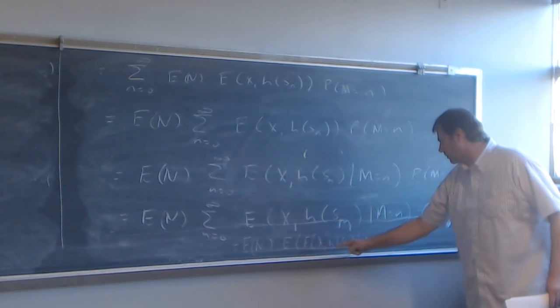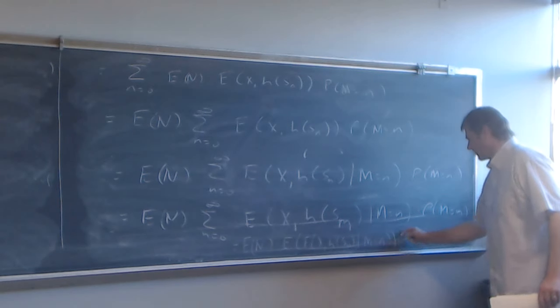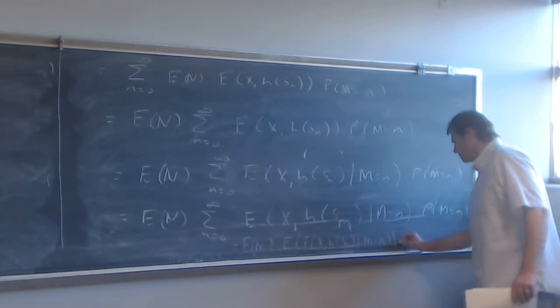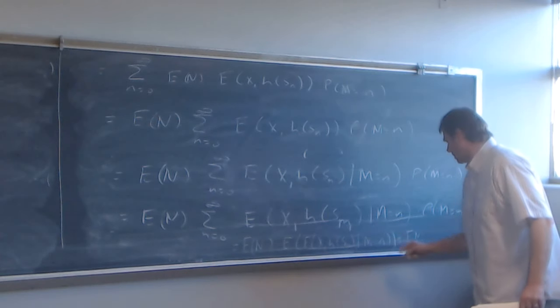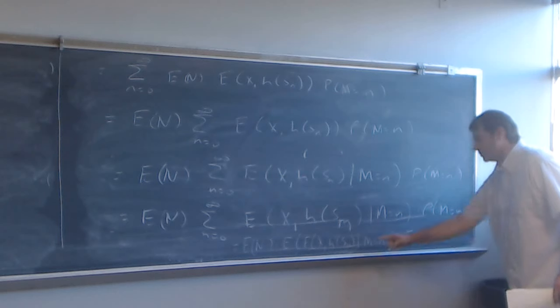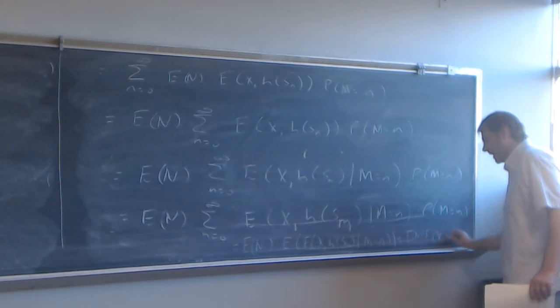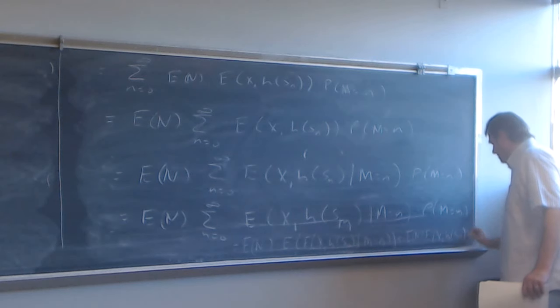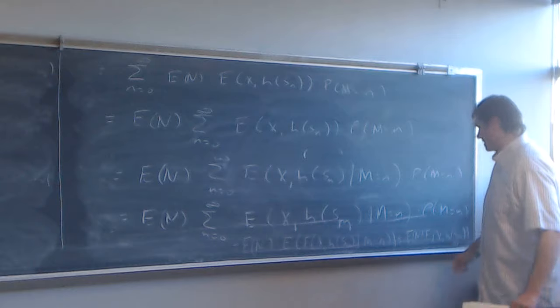So the expected value of the conditional expected value would be nothing more, so I think I can finish it right here. Then the expected value of N times the expected value of X1 h of S of M. And that's what we wanted to show. Okay, so that ends it.